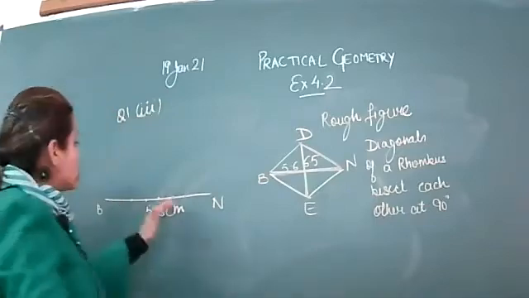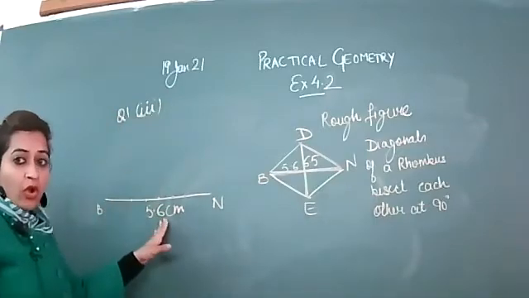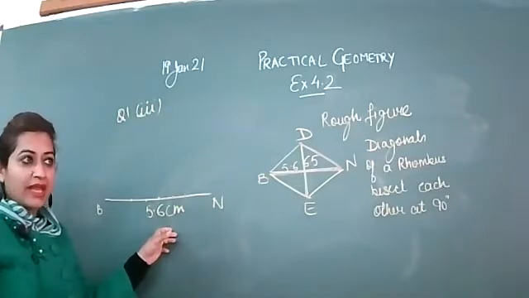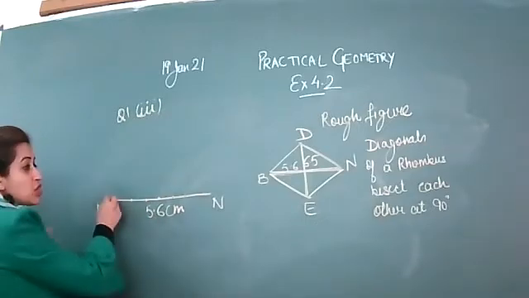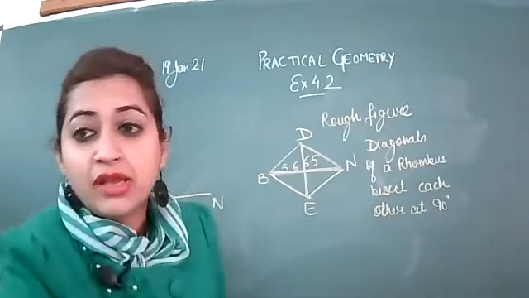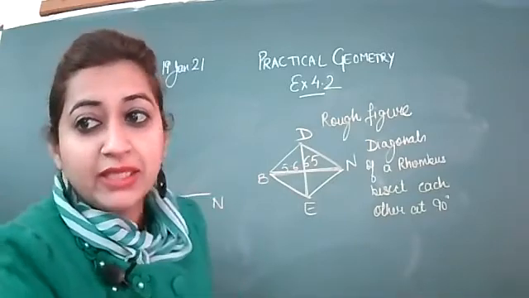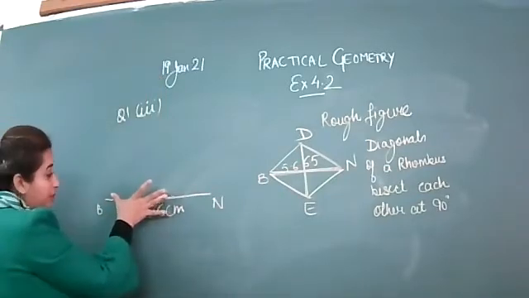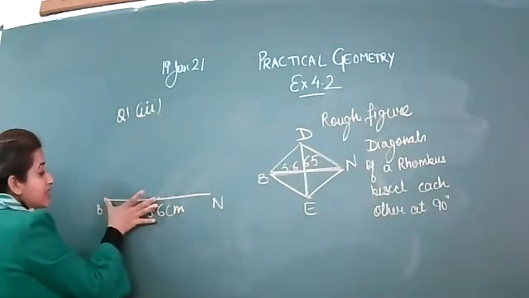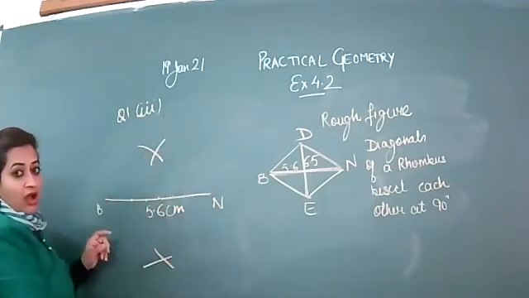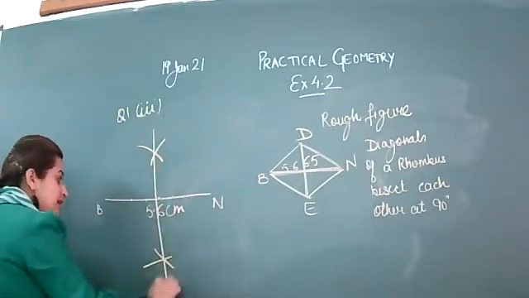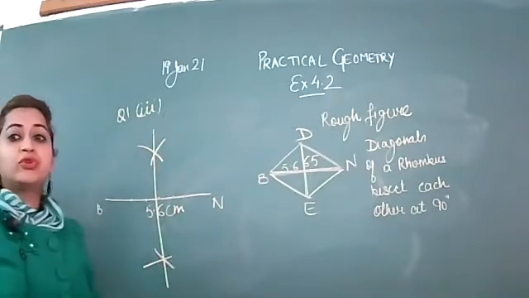Is it okay, beta? So now here you will draw the perpendicular bisector of this line that will divide this diagonal into 2 equal parts. So let's make the perpendicular bisector of this line. So for drawing the perpendicular bisector, you will take the compass and you will take radius more than half of this line, and you will put the arc from here, and from N you will again put the arc, and you will join this line that will surely divide this line into two equal parts.